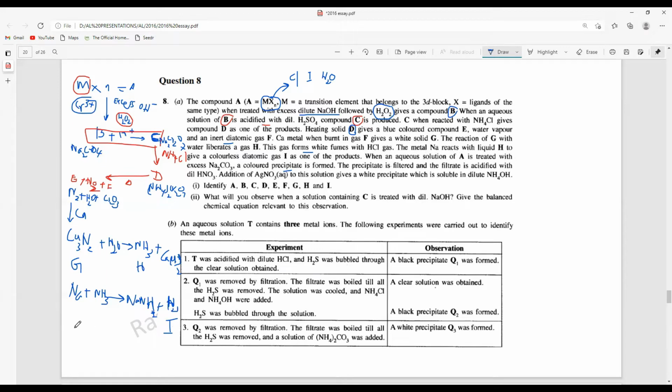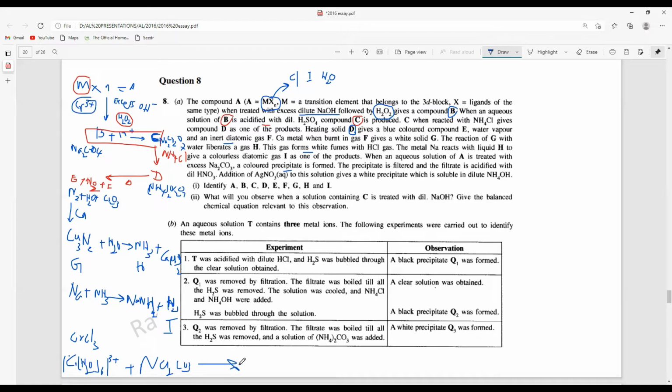So this could be like chromium chloride, or either chromium H2O6 3 plus. Okay, so I prefer chromium H2O6 3 plus because we don't know whether this is a chloride or a bromide. Then when it is treated with sodium carbonate, you can imagine what is happening when you treat this with sodium carbonate.